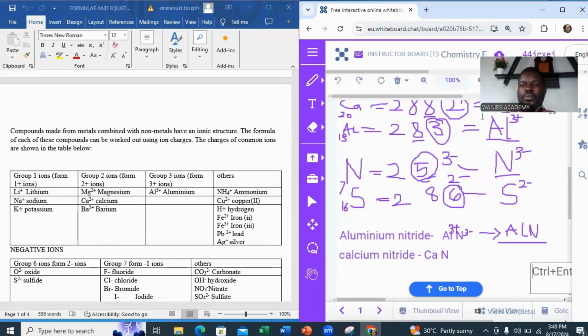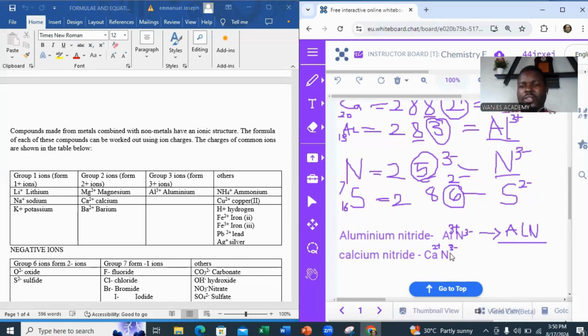Calcium is in group 2, so the charge will be 2 plus, and nitrogen is 3 minus, as it's in group 5. Now, there's a problem here. There's no way +2 and -3 will give us 0. When you come across problems like this, where the sum of the charges does not give 0, the fastest way to solve the problem is to crisscross.